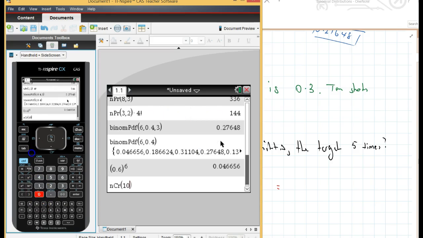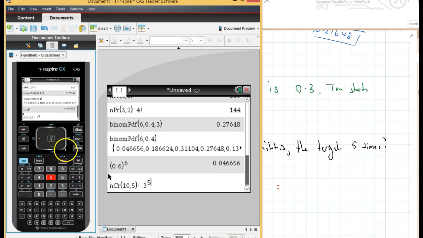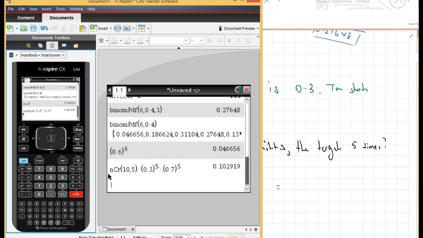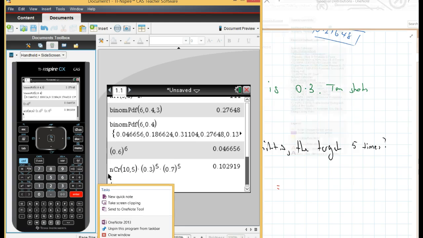We're going for 10, comma 5 times, what was it, 0.3 to the power of 5 times 0.7 to the power of 5, and you hit enter and we get 0.103 to 3 decimal places. 0.103.